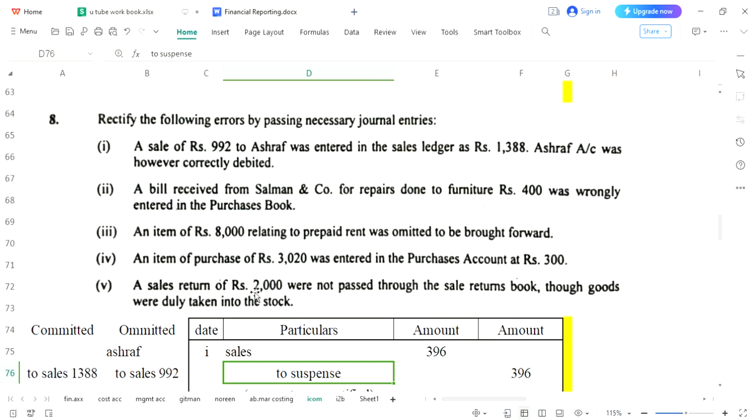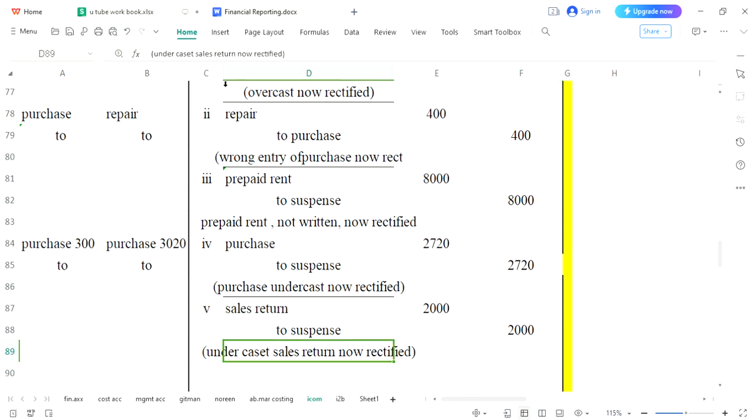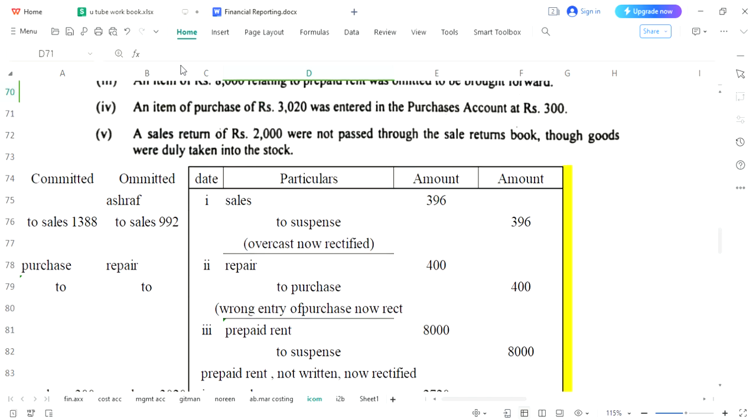Amount is 2000, so you may put 2000 over here and 2000 over here. After which you will put an ending line. So in this way, the fifth entry has been completed. Sale return to suspense account. Guys, we have completed all of the 5 entries. In this way, the question has been completed.